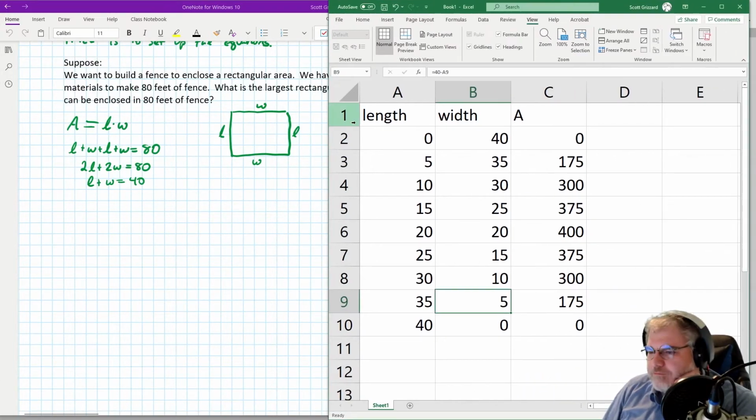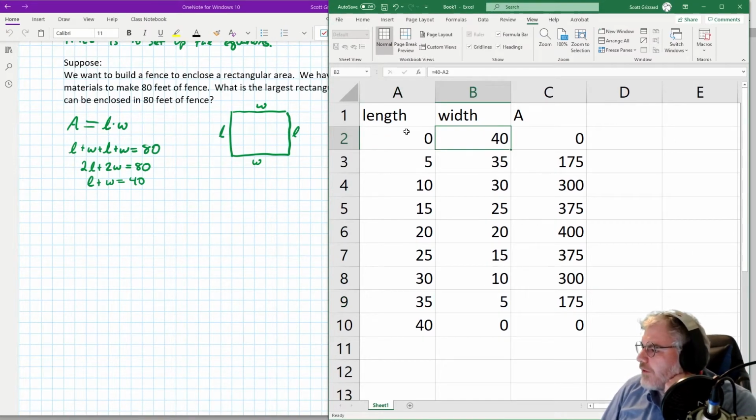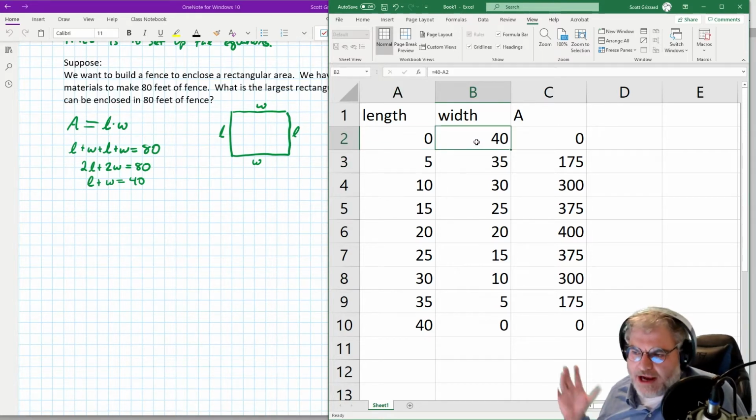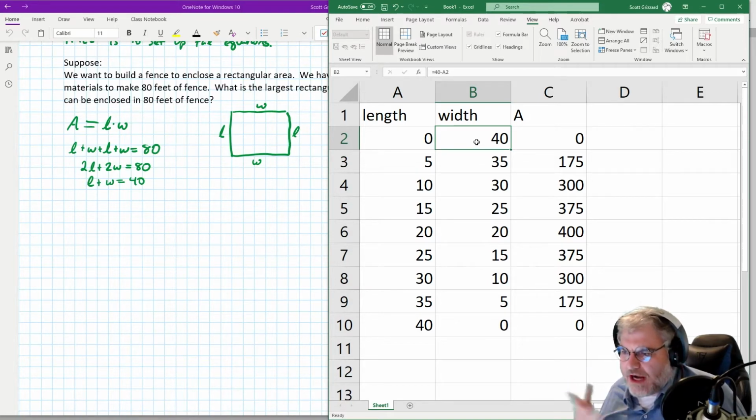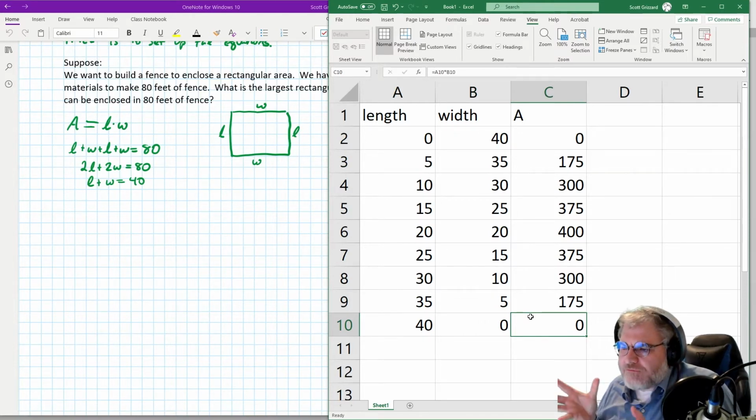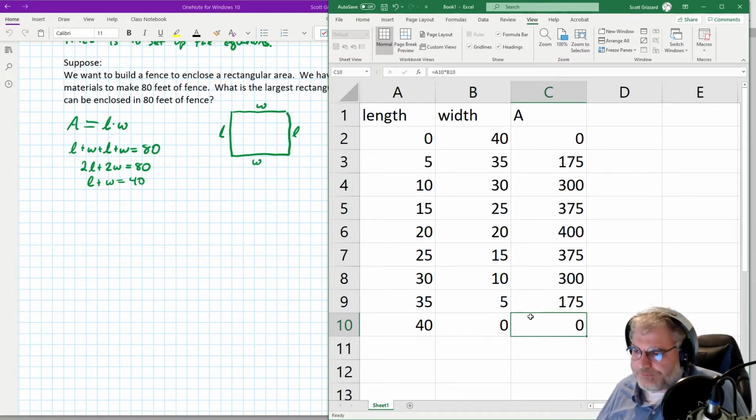We're not in business calculus, but whatever my length is, I know that my width is 40 minus that length. If I choose all width and no length, I'm going to wind up with no area. Likewise, if I choose a length of 40 and a width of 0, I'm going to wind up with no area. So how do we feel about that, 1 to 5?